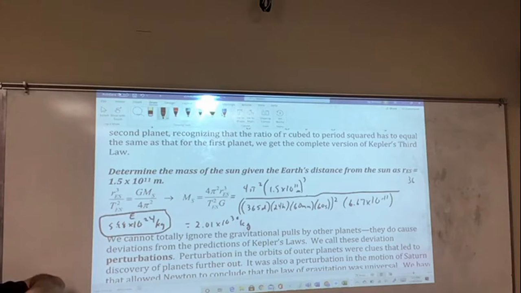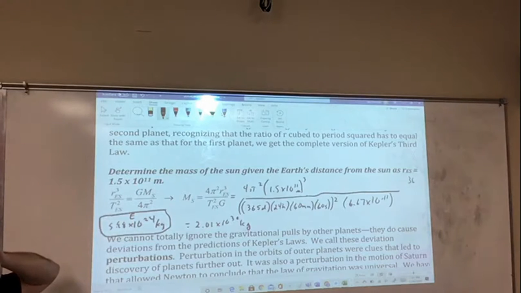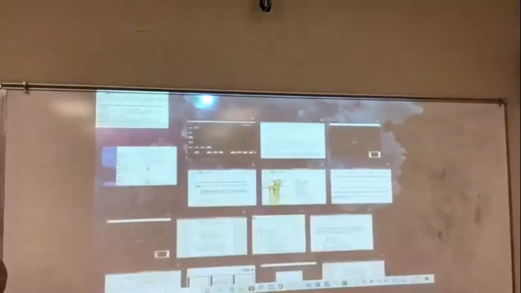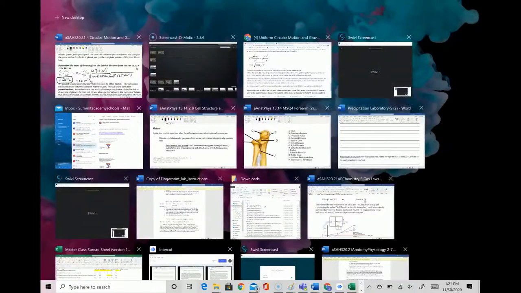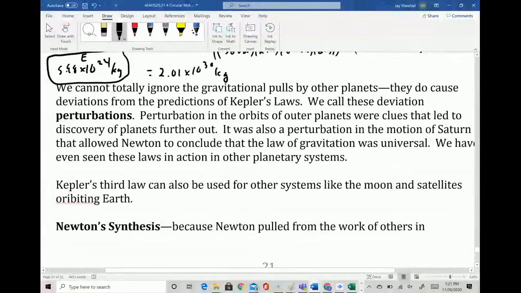I can forget so many of these cubes and these squares, but it really makes things a little bit more interesting related to astronomy. But again, to figure all this stuff out in the 1600s just had to be a pretty exciting time to be a scientist, because all of this stuff was just brand new.